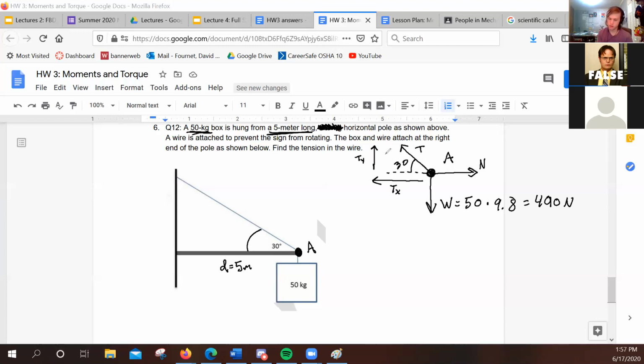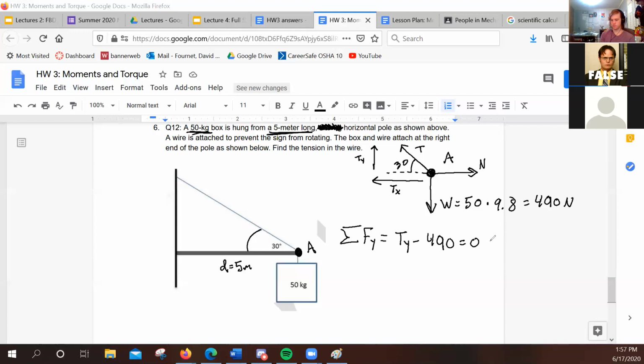And if we do our sum of forces in the y direction equals, and what am I going to put here? Ty minus 490. Yep. And what does that mean Ty is?